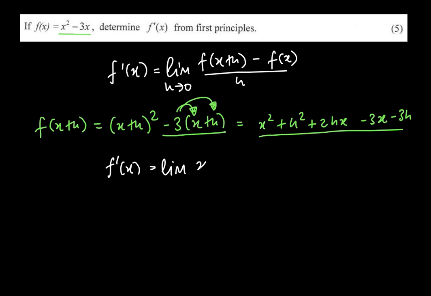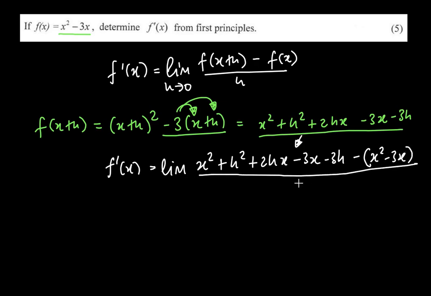So I'm going to say x squared plus h squared plus 2hx minus 3x minus 3h, and then there is a minus, because this is f of x plus h. So I say minus, then I put brackets. My f of x is x squared minus 3x, so I write x squared minus 3x. Then I divide all of that by h as h approaches 0.